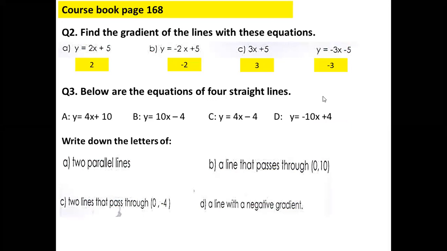Hala, it's A and C. She said 2 parallel lines are A and C. Why, Hala? Because they have the same gradient, so these are parallel lines.